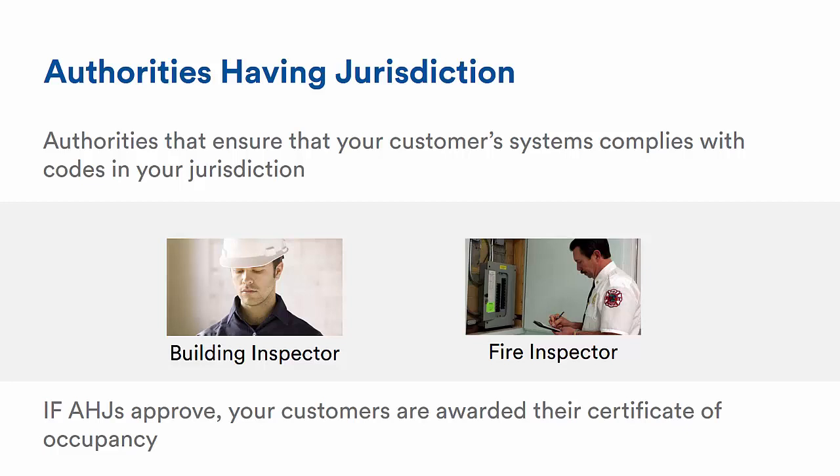They may even mandate the project plan signature approval. They are life and safety experts, not structural experts like building inspectors. They're examining fail-safe, fail-secure exits, ensuring wires are connected to the right power supply, and so on. So if AHJs approve, your customers are awarded their certificate of occupancy or their certificate is maintained.